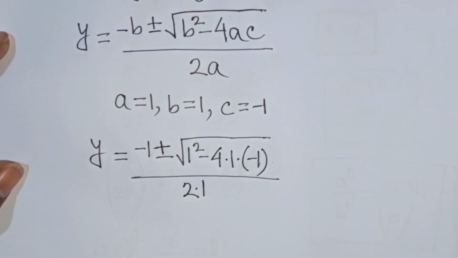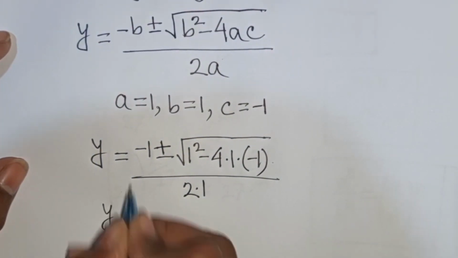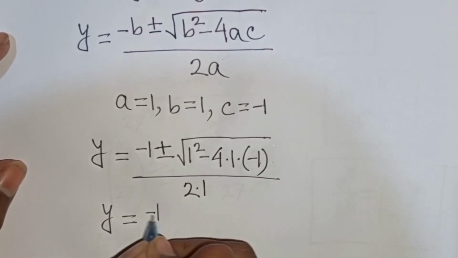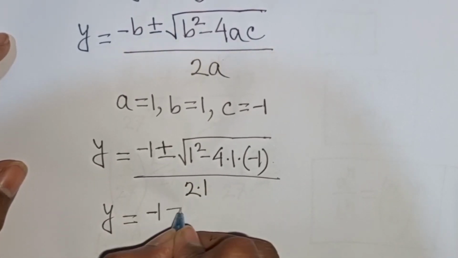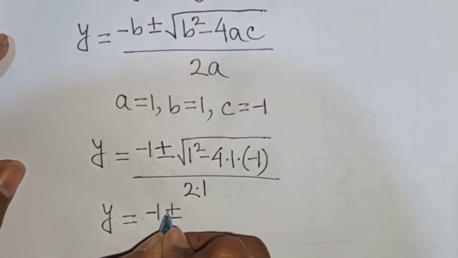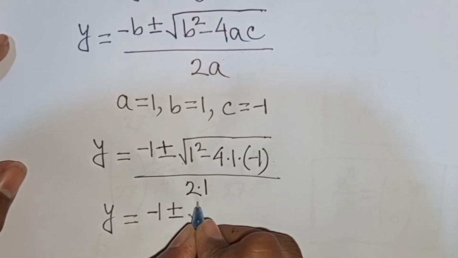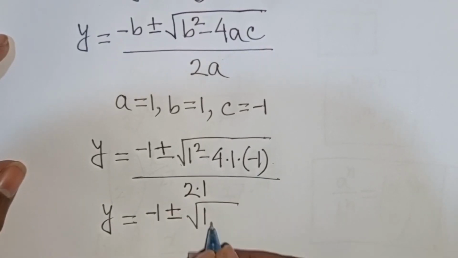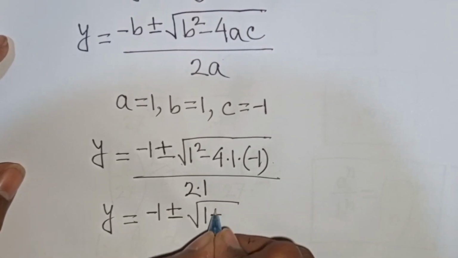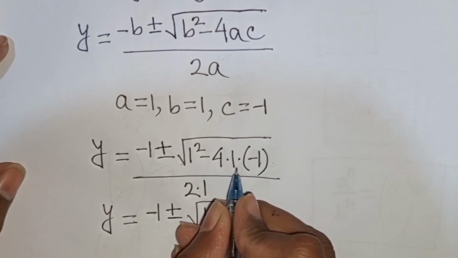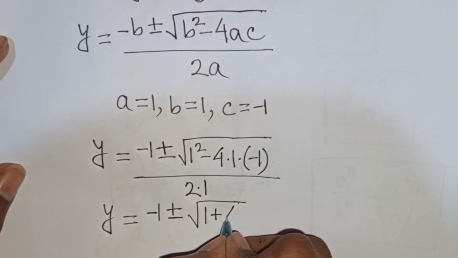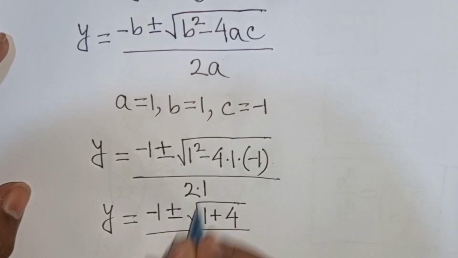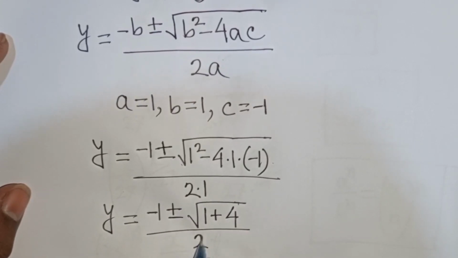Now we can write y is equal to minus 1 plus or minus square root of 1 square is the same as 1, then minus times minus means plus, 4 times 1 times 1 means 4, divided by 2 times 1, that means 2.